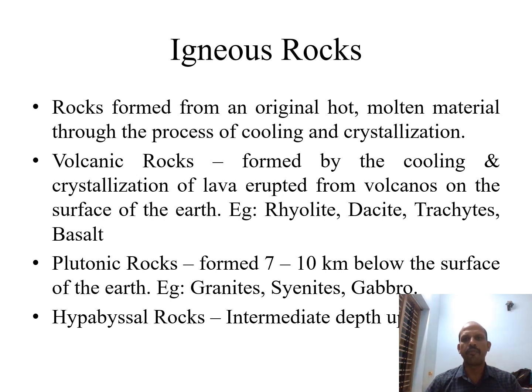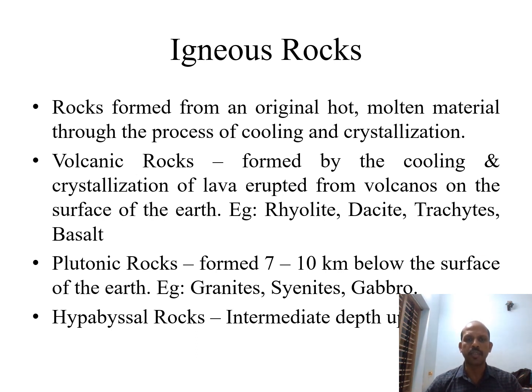Volcanic rocks are formed by the cooling and crystallization of lava erupted from volcanoes. So the rocks which are formed above the surface of the earth, when lava gets solidified. As I already told you, lava means the molten mass which comes after the eruption of a volcano. When this lava is crystallized due to cooling, it's called volcanic rocks.